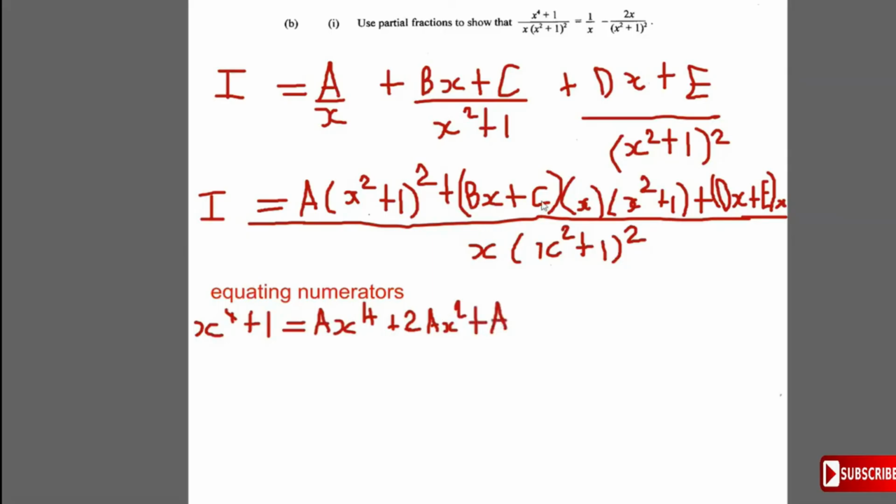Then when I expand right here, I'm going to get (Bx squared plus Cx) times (x squared plus 1): Bx squared times x squared is Bx to the 4, and Bx squared times 1 is just plus Bx squared, and then Cx times x squared is Cx cubed, and Cx times 1 is just Cx.